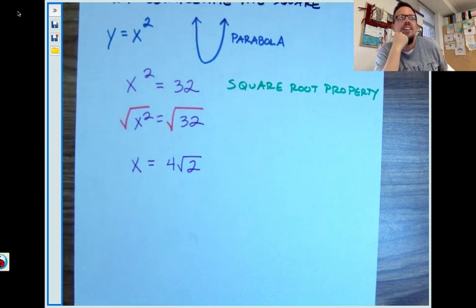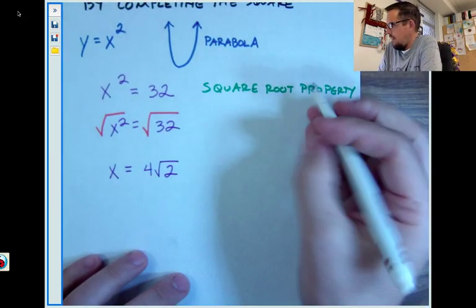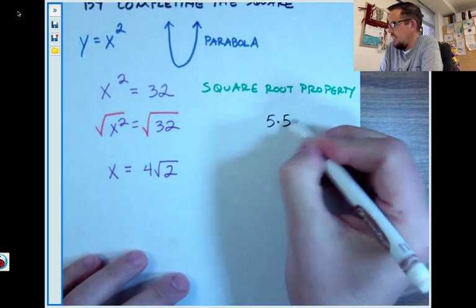What number times itself is 25 besides 5? There is one. It's just a regular number. Five times 5 is 25.